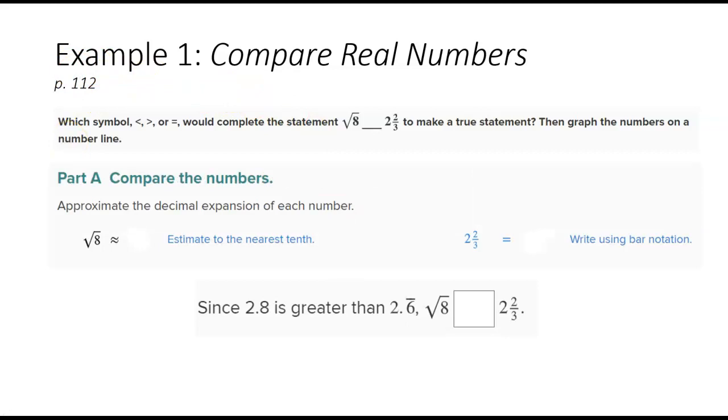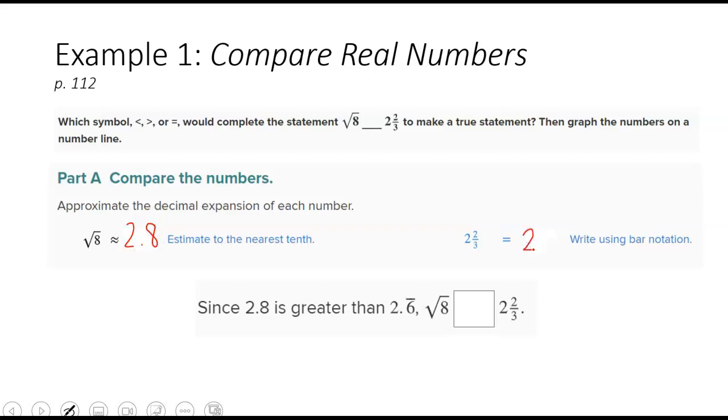So the square root of 8 is approximately, let's see if this one will work best. And you can use a calculator to do this, 2.8. And 2 2/3, we've done this before.